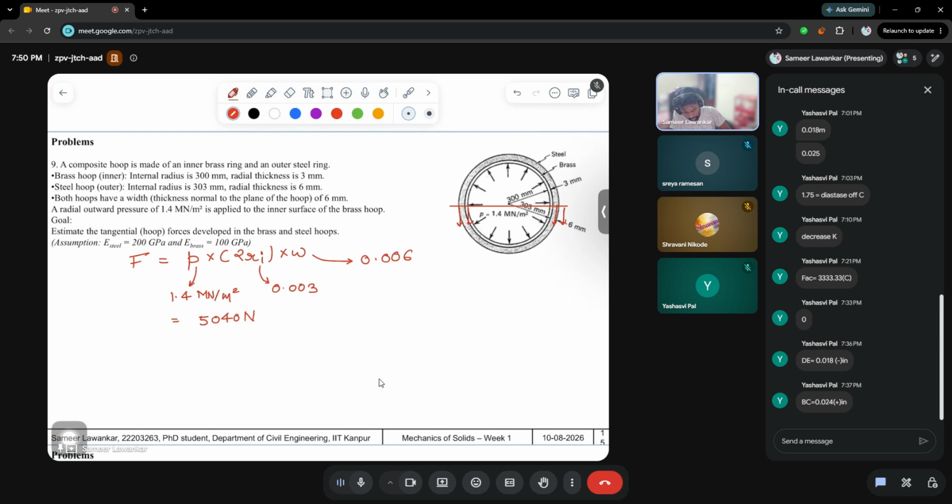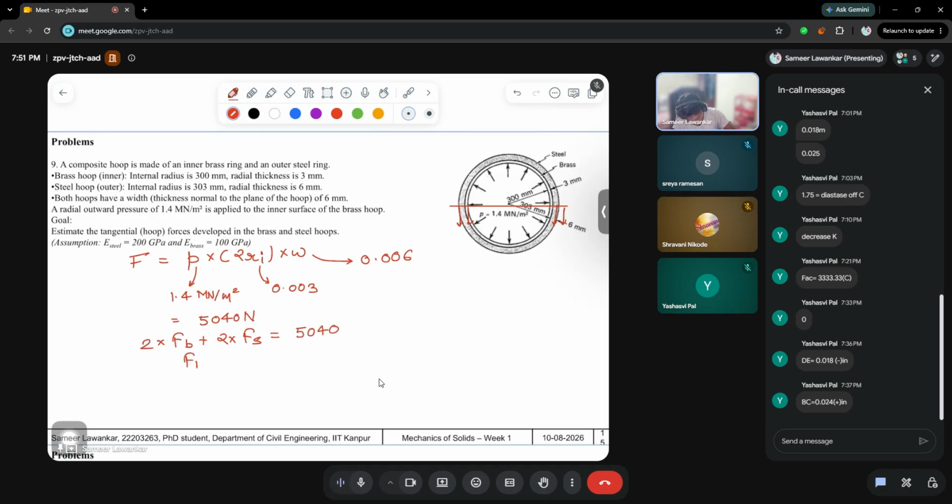Now summation Fy equal to 0 will give you 2 into Fb plus 2 into Fs. You can even understand this analogy using the projection method, which the professor has explained. This is equal to 5040.